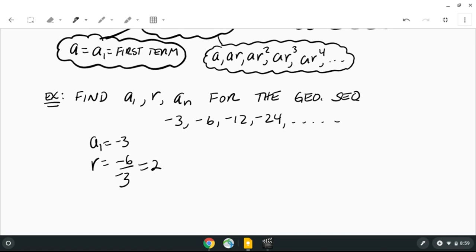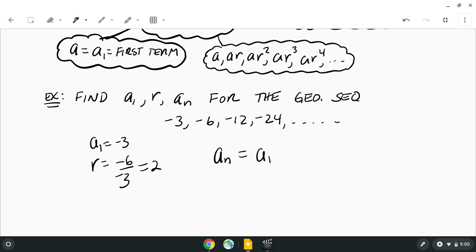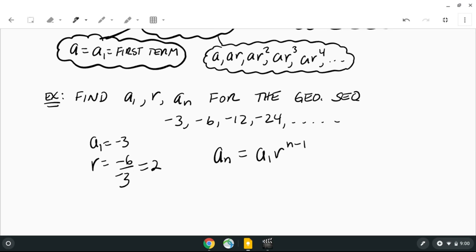Okay. So then our a_n, so our sequence function, we're going to be using this: A1 times r to the n minus 1. Okay. So plugging in for A1, I get -3. And plugging in for r, that would be 2 to the n minus 1. Okay, so make sure you leave it like that.